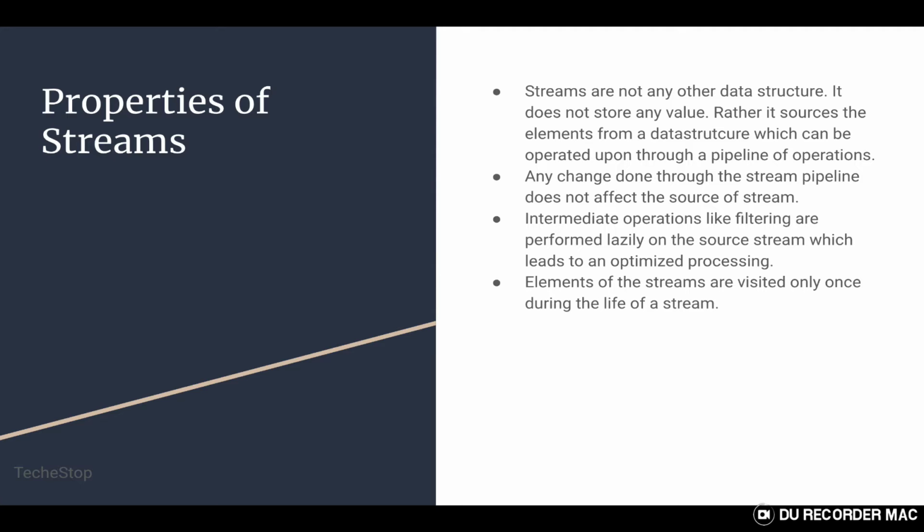Once the pipeline is executed, if you again try to access that stream and execute some operations on the same stream, you'll get an exception saying that the stream has already been processed. So you either reinitialize the stream from the data source so that you can perform a different set of operations again. Those are the properties of streams.